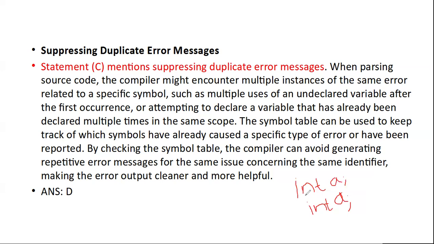To avoid this, it will check the symbol table and generate an error message. So these errors are suppressed. Actually, the compiler suppresses the duplicate error messages. And also the undeclared variables: if first we declare integer A, but we are printing the statement.